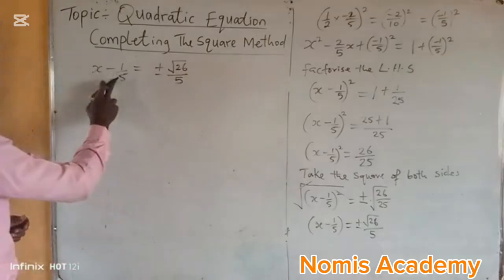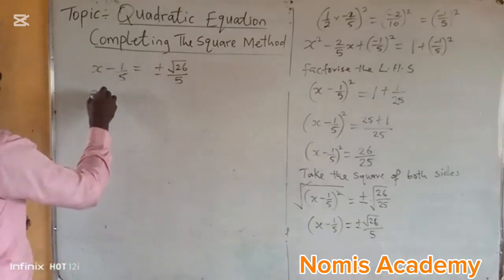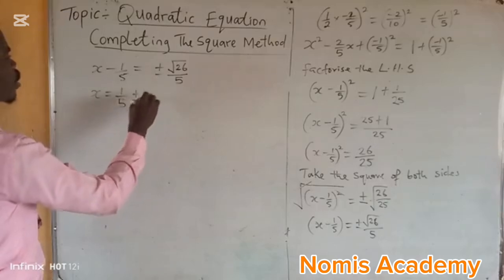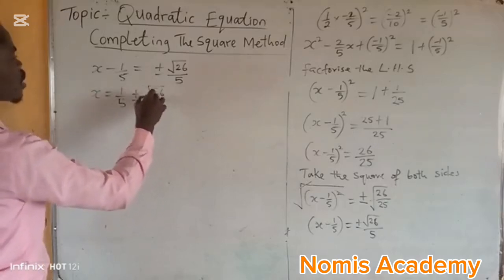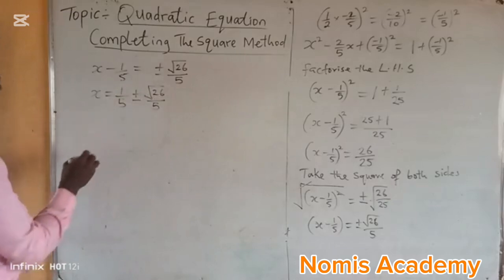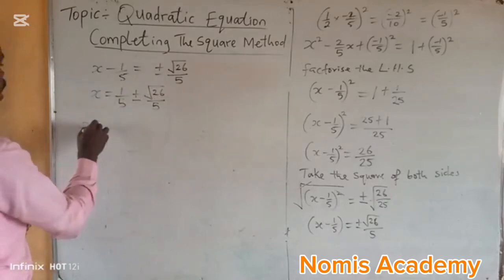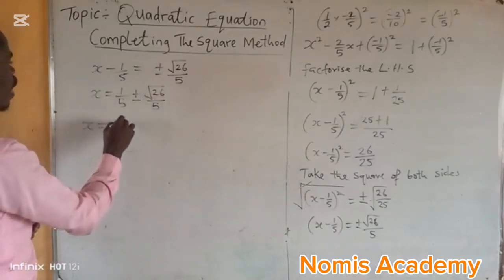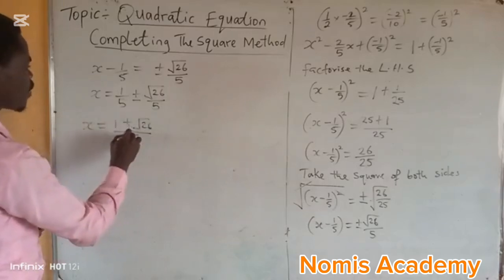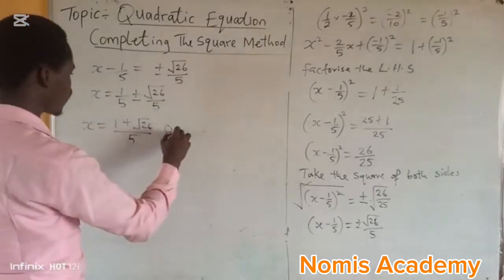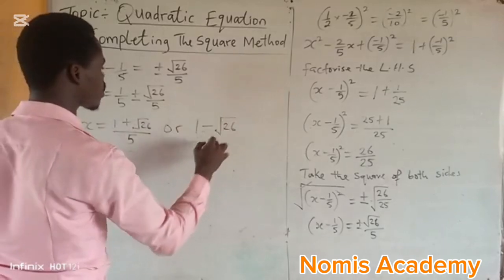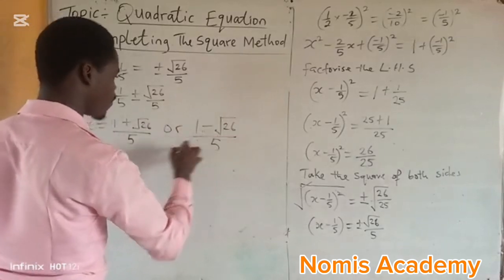So we are going to move this to the other side. X equal to 1 over 5 plus or minus root 26 divided by 5. And then we have two solutions, which are x equal to 1 plus root 26 divided by 5, or 1 minus root 26 divided by 5.